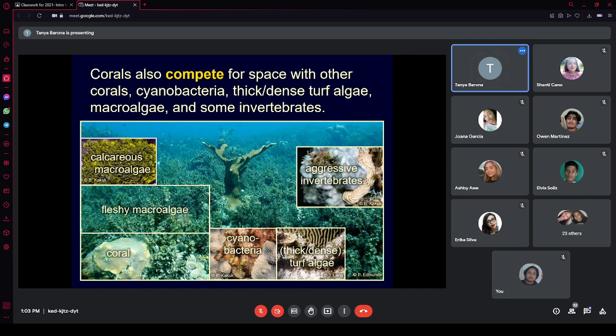Therefore, the recruits are not able to grow into much larger coral. There is also competition with aggressive invertebrates. This includes sponges, some of the soft corals, and tunicates. There's also cyanobacteria that grows on the reef, and different types of algae that again smother or trap sediment, which hinders growth.